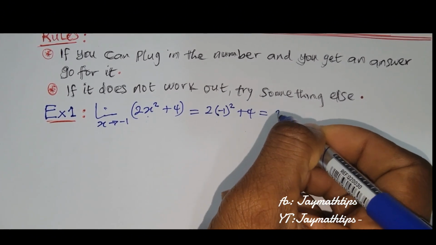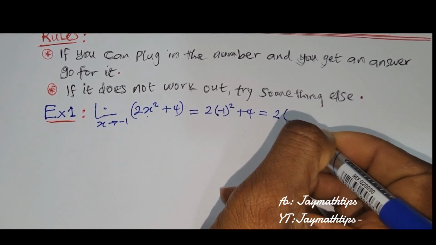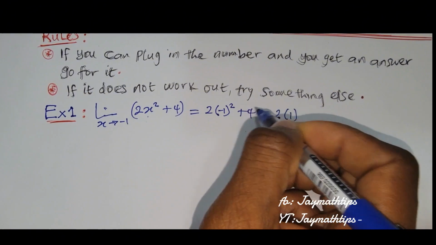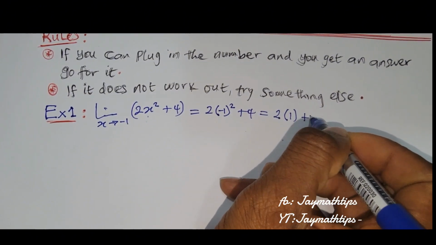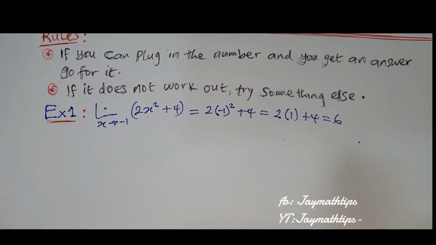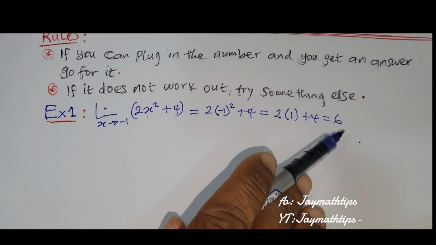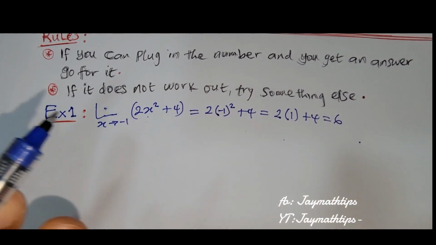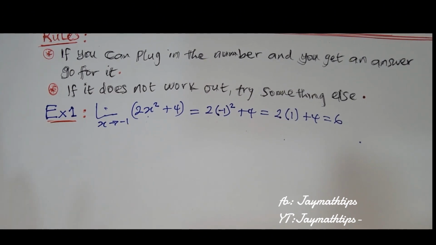And this will give us 2 multiplied by 1, because minus 1 raised to power 2 is 1, plus 4. And the answer here is going to give us 6. Since we have an answer, we are not going to do anything other than stop there. All right.